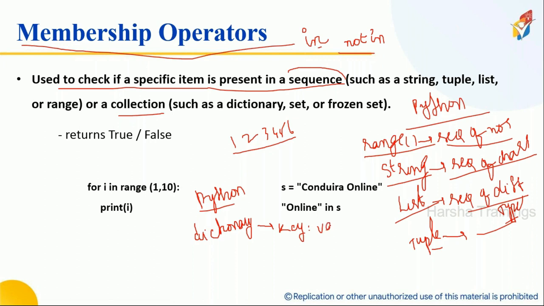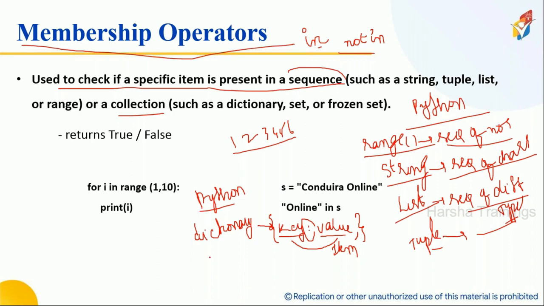If I want to access the value, I should have a key with me. If I don't have a key, I cannot access the value. It is represented with open and closed brackets. A combination of key and value is called an item. The key is separated from the value with a colon. If I want the next item, there will be a comma.